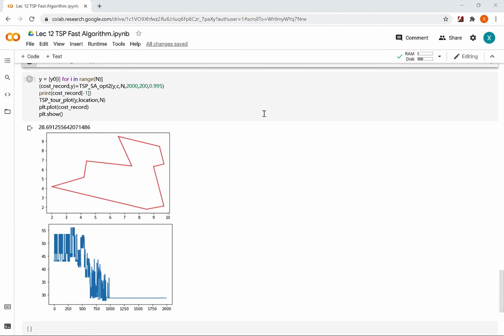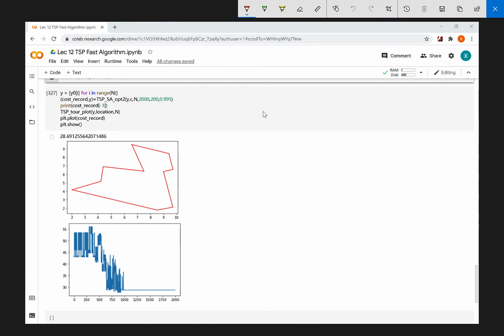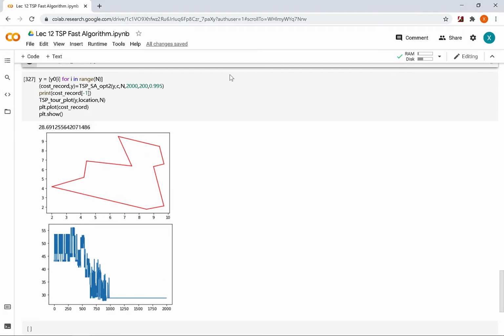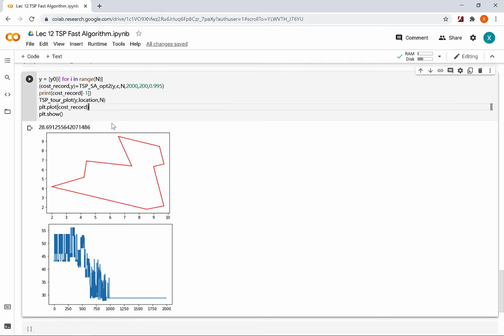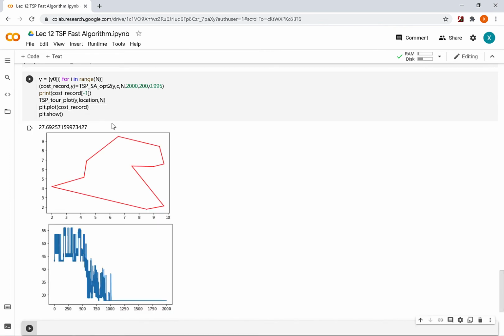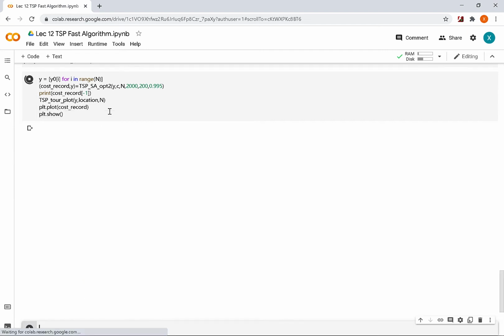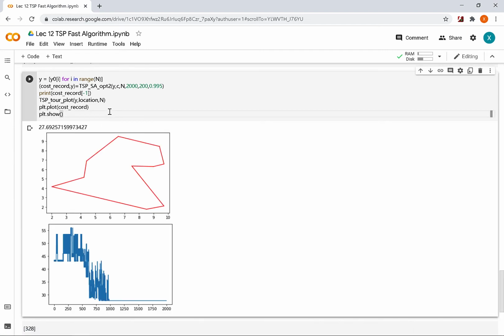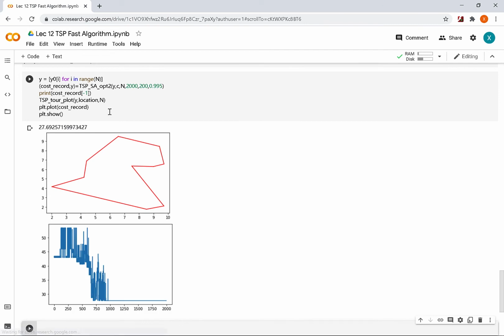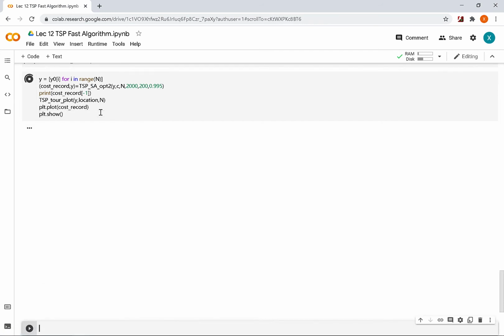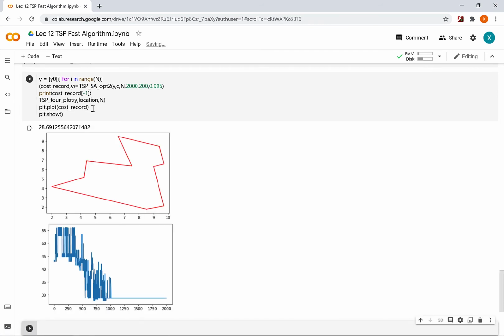Because this is a meta-heuristic algorithm, we can try to rerun it. Now it's a little bit better, 27.69. This time again, 27.69. Seems we cannot generate an even better solution.